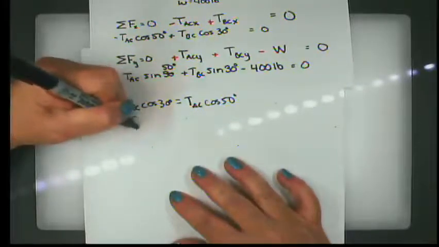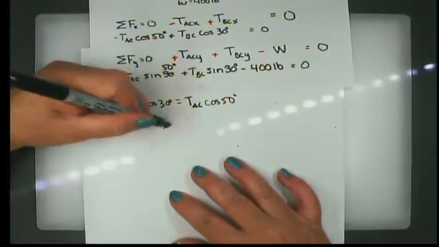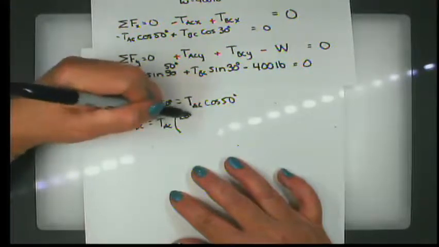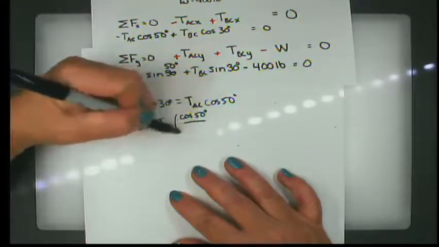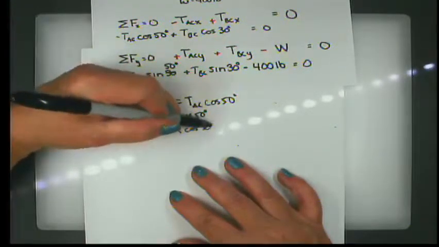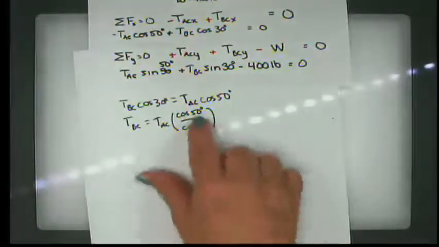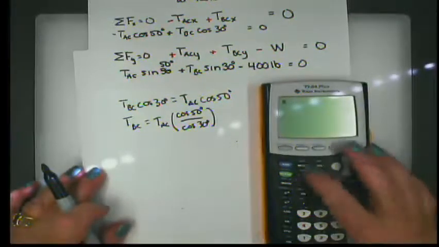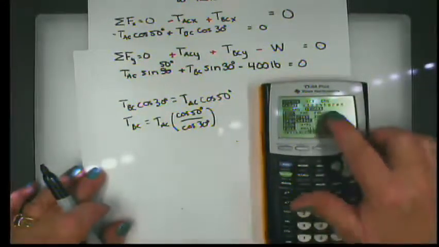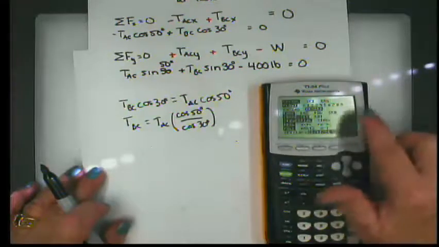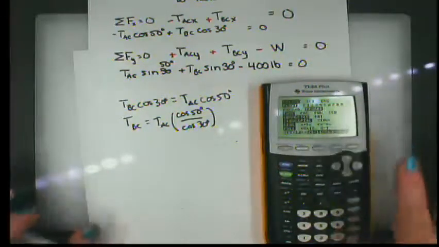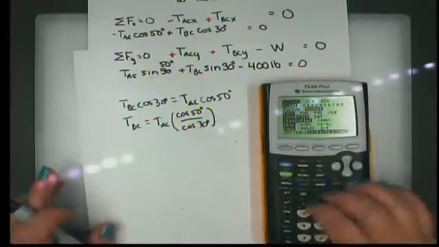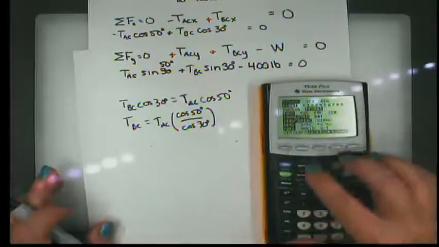The TBC then is equal to TAC times cosine of 50 degrees over cosine of 30 degrees. All right, so this is just a number. I don't know what it is yet, but I can find out on my calculator. And I think I had told you this before. Make sure that your calculator is in degrees, not radians. If you're in radians, you'll get silly answers that won't be correct. So I'm just checking mine is in degrees.